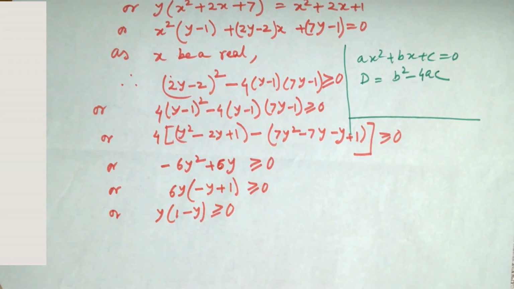The product of two factors being greater than or equal to 0 means either both factors are greater than or equal to 0 or both factors are less than or equal to 0.